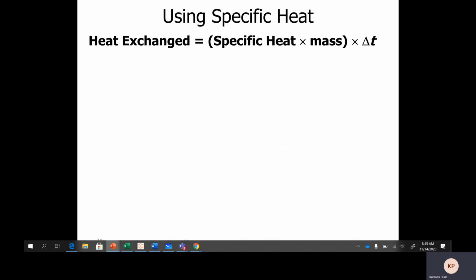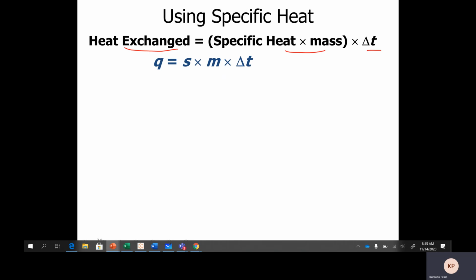Let's see how we can do the calculations using the specific heat. Using the specific heat, we can also calculate the amount of heat exchanged during a thermal process. So that heat exchange equals the specific heat multiplied by mass multiplied by the temperature change.